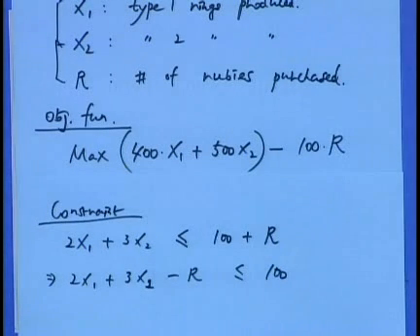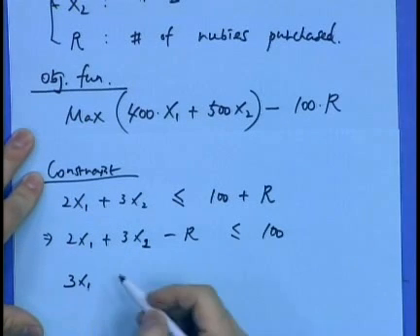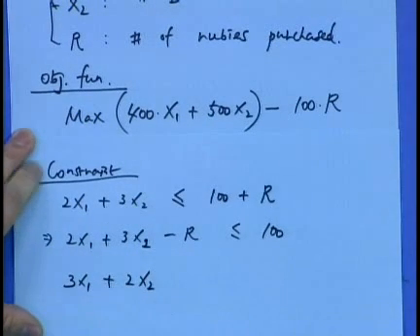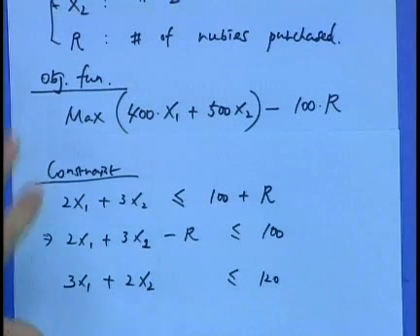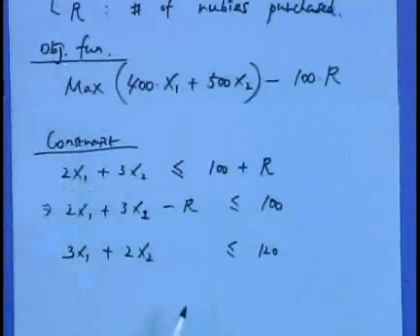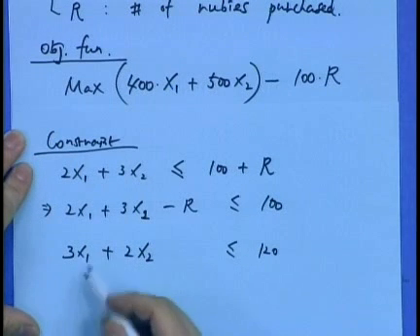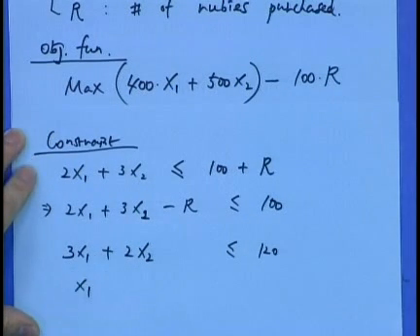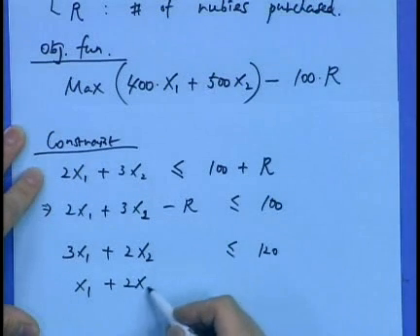And only 120 sapphires are available, and 3 sapphires are required for a type 1 ring, and 2 sapphires for a type 2 ring. So we have the next constraint. And 70 labor hours are available. Only 1 hour is required for producing a type 1 ring, and 2 hours for a type 2 ring.